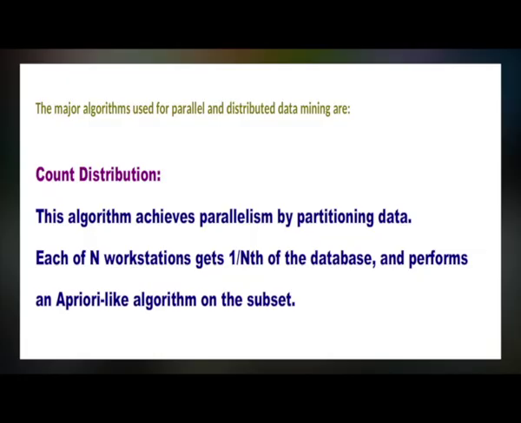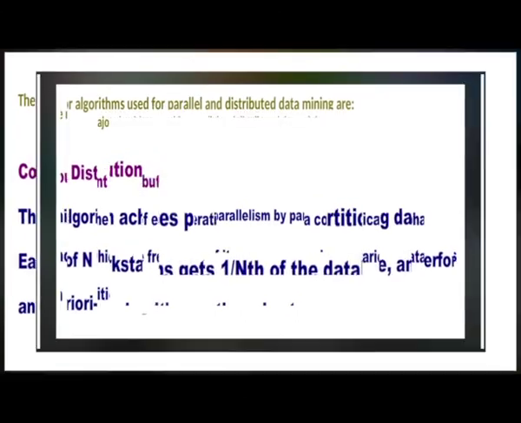Algorithms in parallel and distributed data mining are the area we have to concentrate on. The major algorithms used for parallel and distributed data mining are: first, count distribution. This algorithm achieves parallelism by partitioning the data. Each of the n workstations gets 1/n-th of the database and performs an Apriori-like algorithm on the subset.